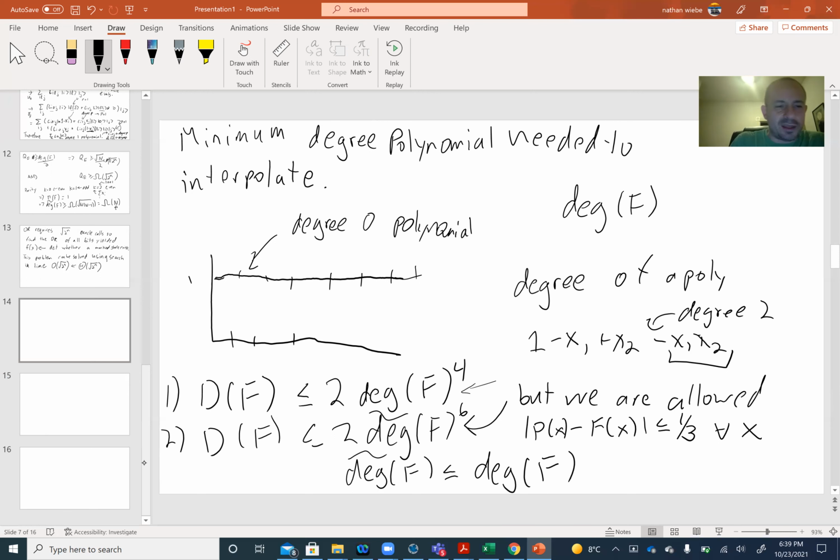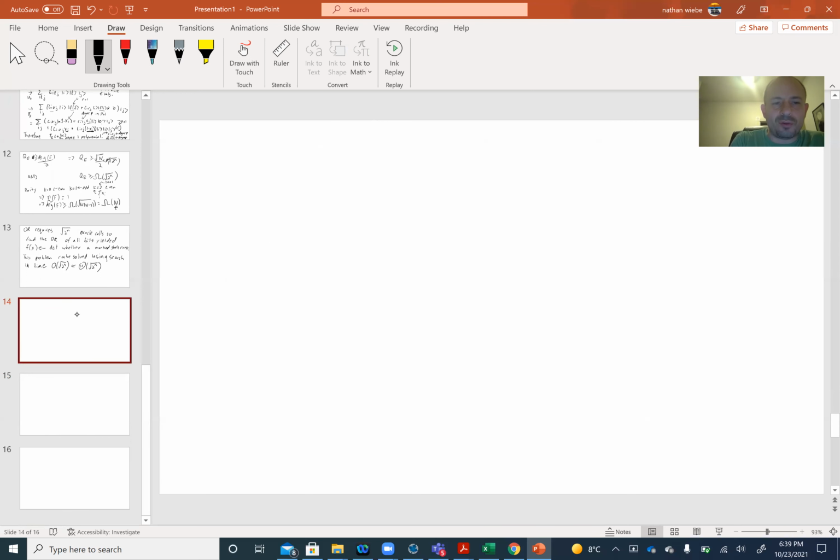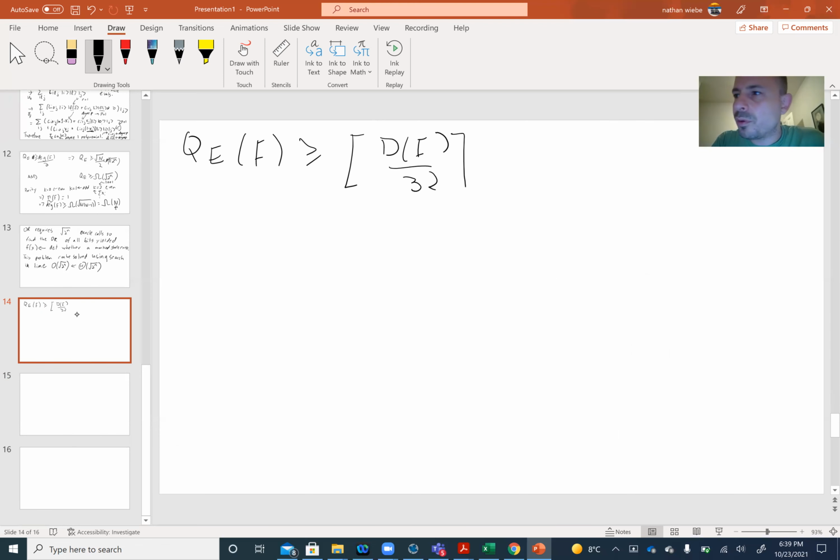And we find, just by using those results, that the error-free quantum query complexity is upper bounded by the deterministic query complexity divided by 32 to the 1/4.